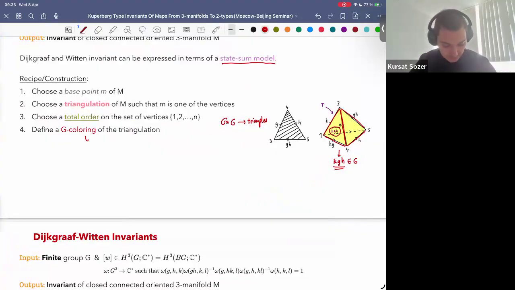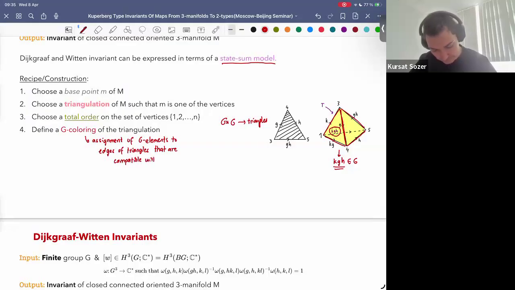A coloring is a compatible assignment of elements of G to edges of triangles that are compatible with the total order on the vertices.